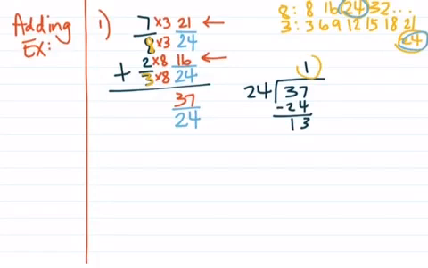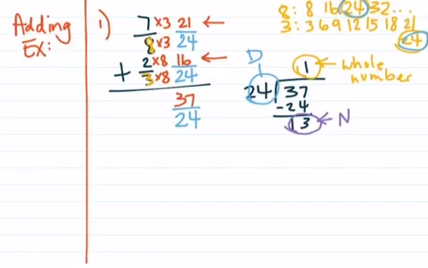So 1 is my whole number, 13 is my numerator, and 24 is my denominator. So my final answer is 1 and 13 over 24. I've got it color coded here. If that helps you, doing that in your notes as well would be just fine. So there's my final answer.